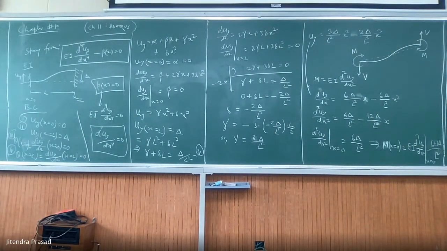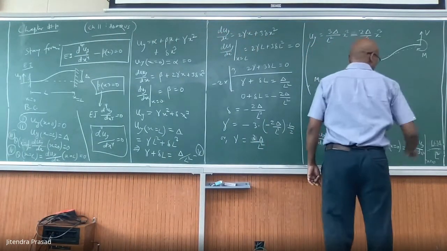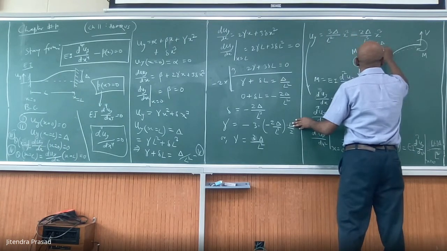Okay, so what we get here is m equal to 6 EI delta over L square.